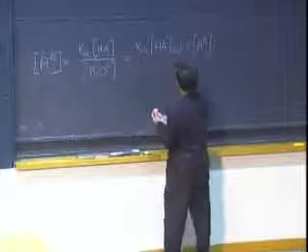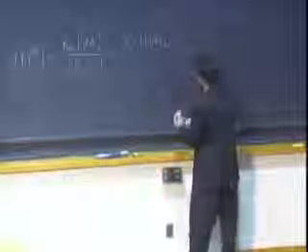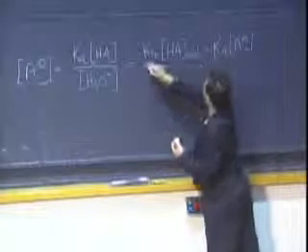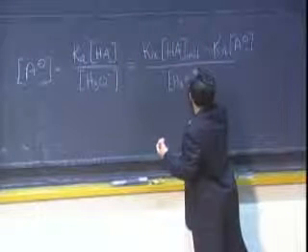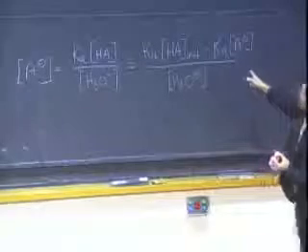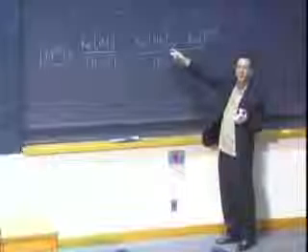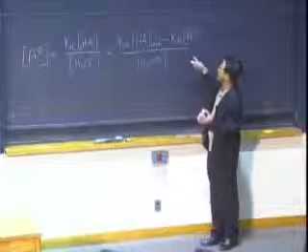Let me just do it this way. Okay. So now I have A minus written in terms of an initial concentration of HA itself and constants, I need to rearrange this a little bit.